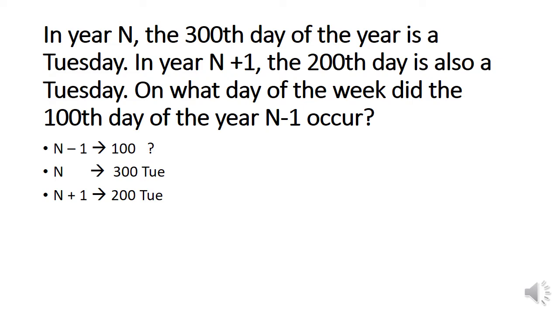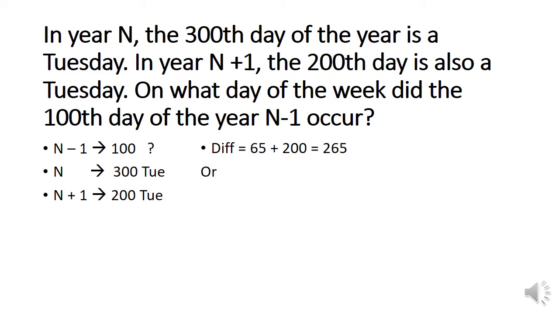So the number of days between the 2 Tuesdays at year n and n plus 1 can be either, if year n was 365 days, from 300 to 365, there are 65 days remaining, and then there is the 200 days from the year after that, which is year n plus 1. So between the 2 Tuesdays that we have, there exists 265 days.